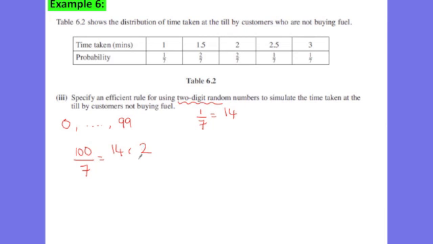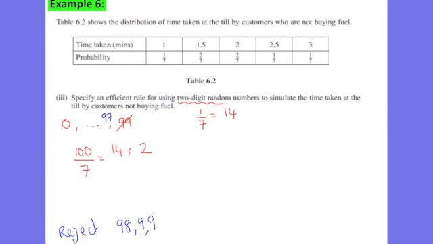Therefore, we must reject 2 of the numbers. So we are not going to need 2 of the numbers. So we will only use up until 97. So we reject 2 numbers, the 2 at the end, we don't need 98 and 99.